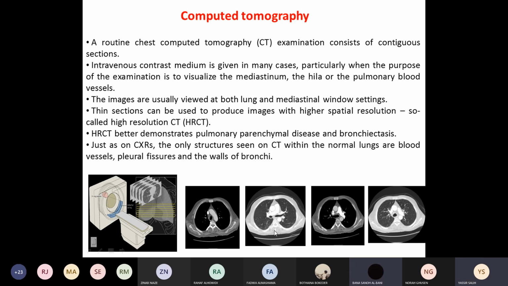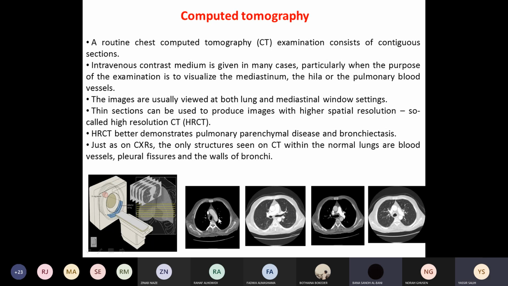On the lung parenchymal window, the details of the lung parenchyma is clearly demonstrated. لاحظوا ان هنا بنشوف the details, the blood vessels and the shadows of the blood vessels on the lung parenchyma is clearly seen in this CT axial of the chest.